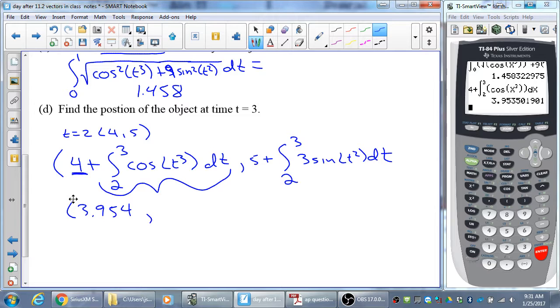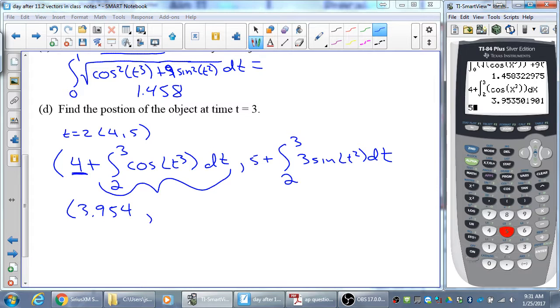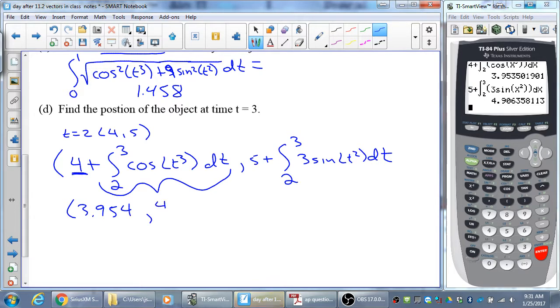The displacement was negative. 5 plus, math number 9, we're going from 2 to 3 of 3 sine t squared. 4.906. So both of them ended up going backwards. Any questions on that concept? It's where you are plus the displacement. How much have you moved?